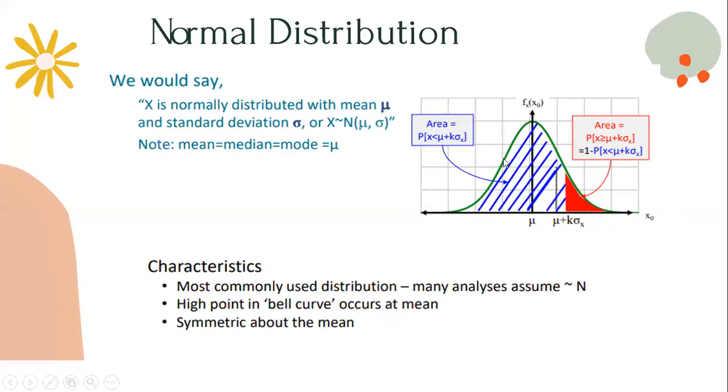Then this area will be 90, and in the calculations, you'll be calculating this particular area, which is the probability that you are fulfilling demand, okay? And this red area is the probability that you are not able to fulfill demand, or that there is a stock out, okay?